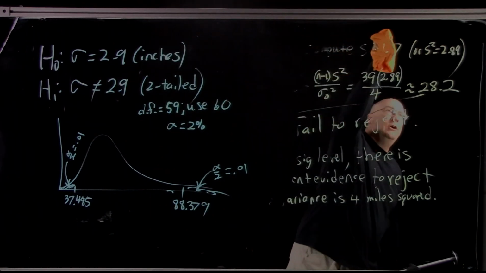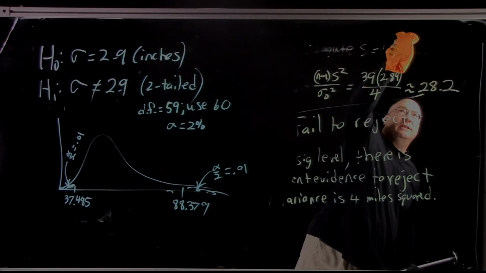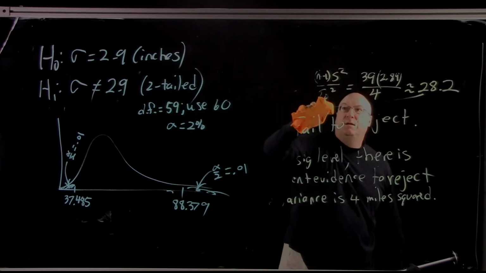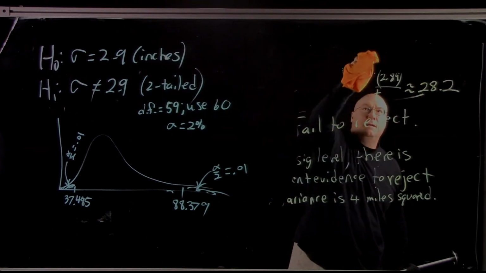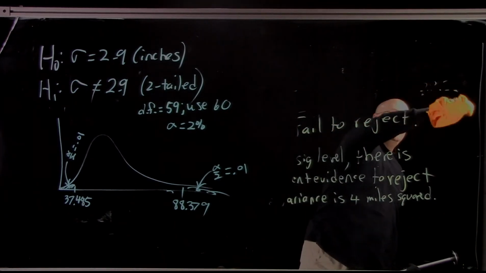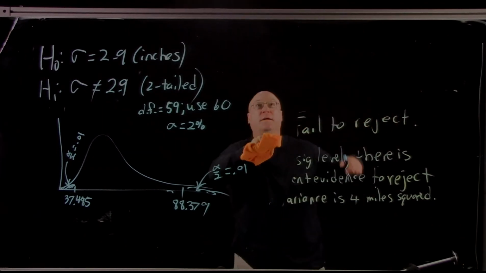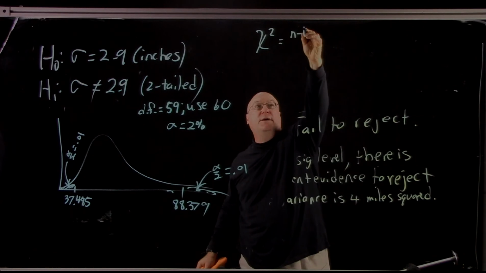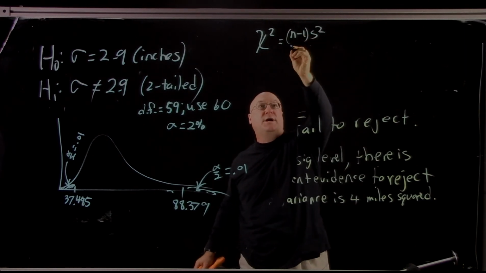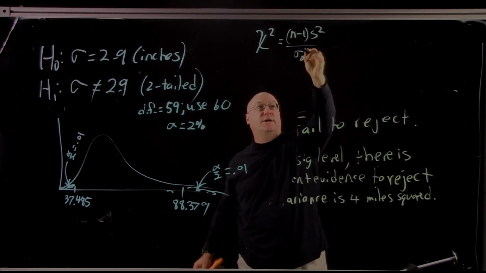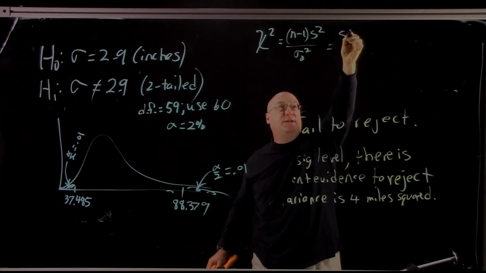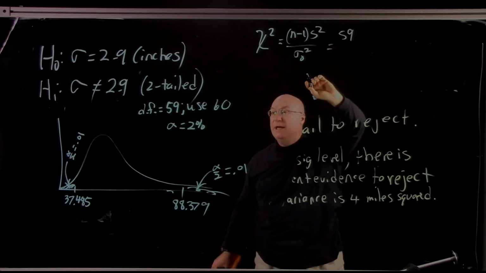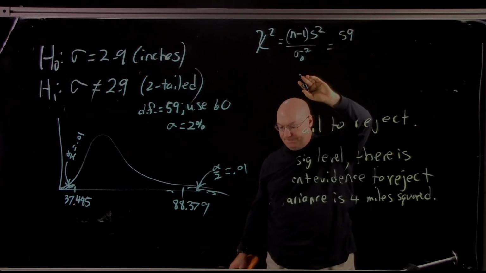Test statistic. Where does our test statistic lie? Chi-square random variable, and we computed as n minus 1 times s squared over sigma naught squared. That is 59 times, what did we get?